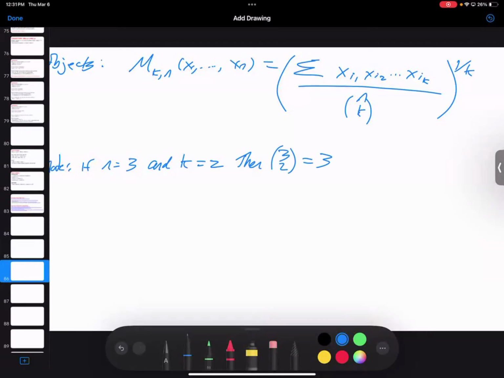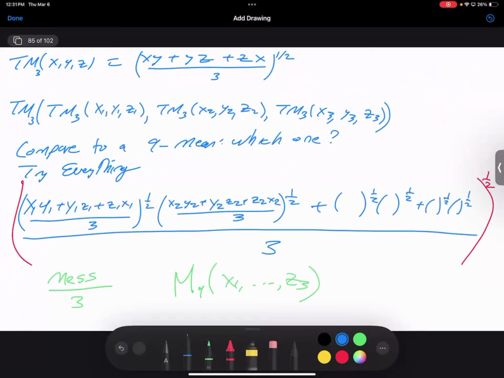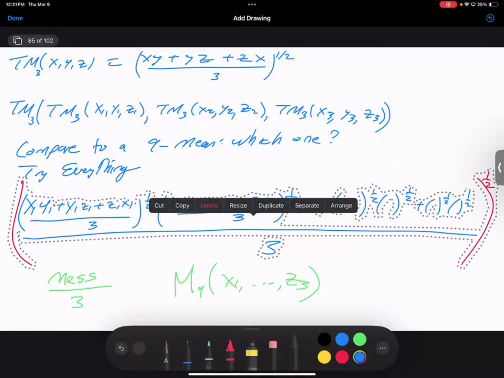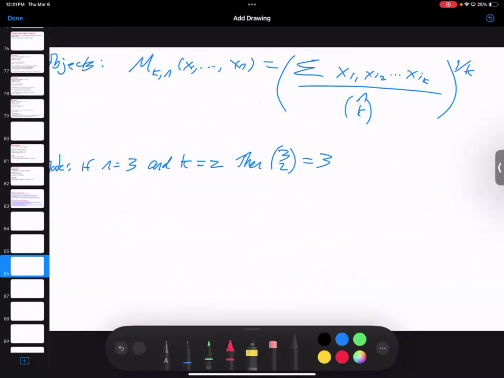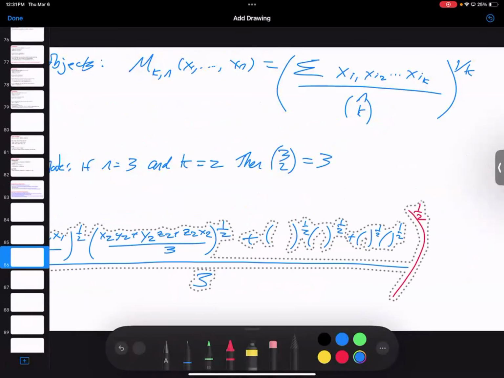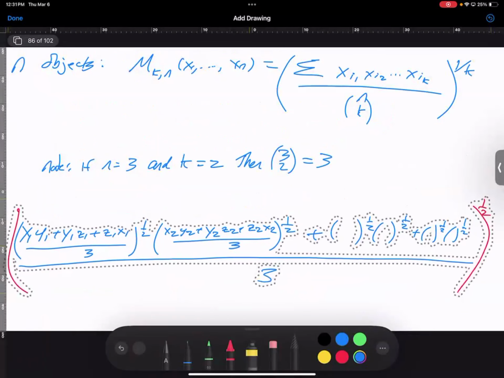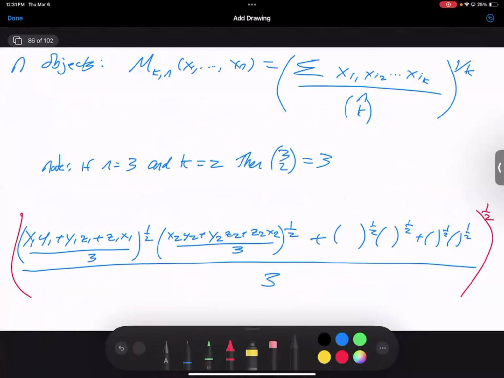So we can go back a page, or I can try to bring this over to the next page. So I can bring it over here. So you want to compare that to this.